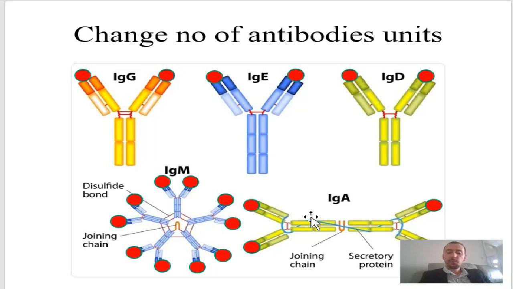Then the B cell, once it has more information on the pathogen, will decide whether it's going to change from IgM to one of the other Ig subtypes. Okay, and when it changes from IgM to either IgG or IgE, or it might decide to class switch to IgA, once it does that, that process is called class switching.